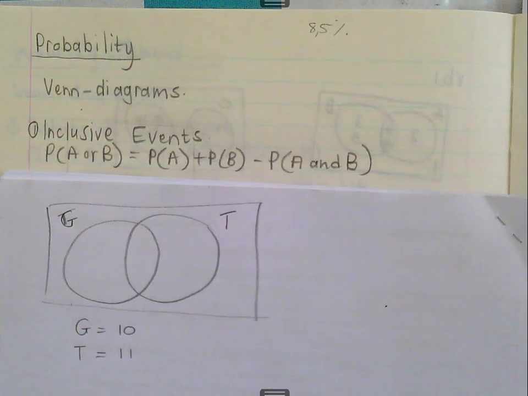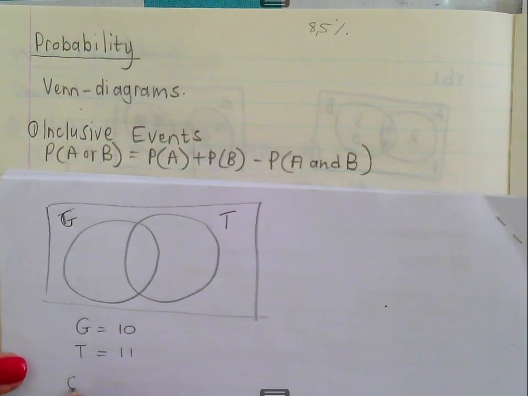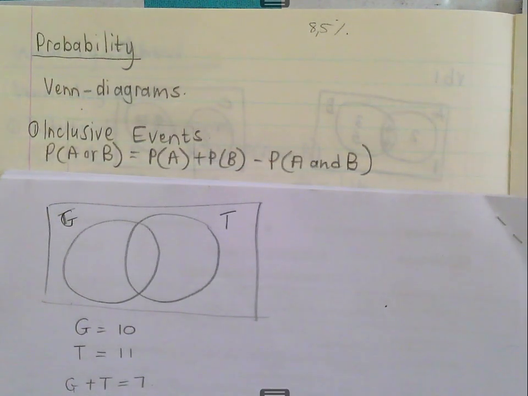Put up. 1, 2, 3, 4, 5, 6, 7. How many of you, or who of you, don't have tourism or geography? Neither of them.